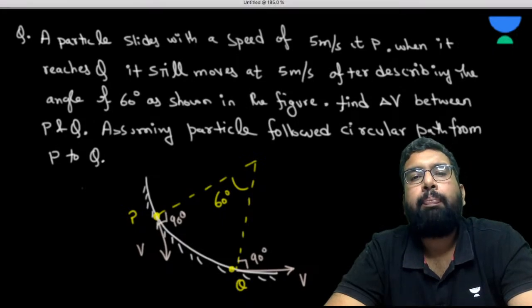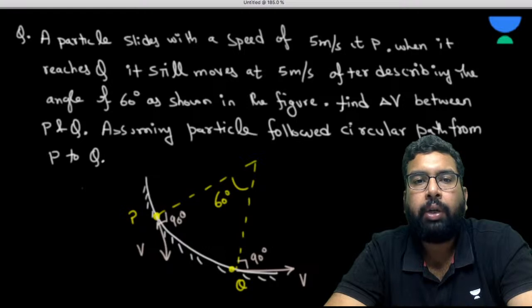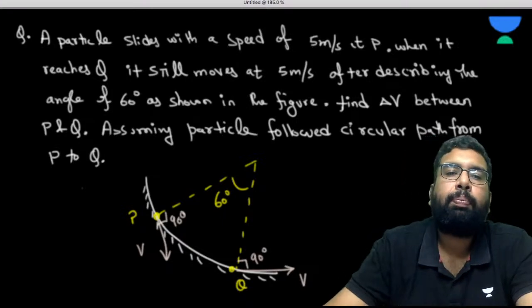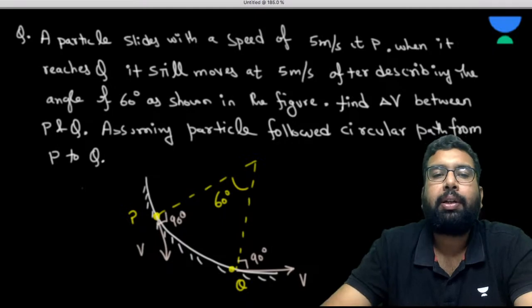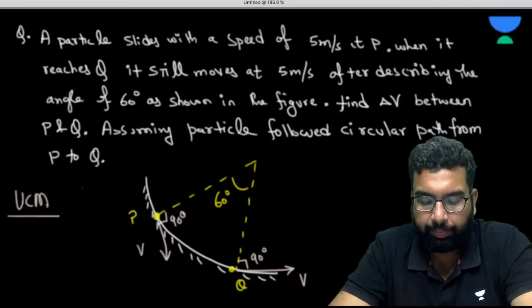Now it says a particle slides with a speed of 5 meter per second at P. When it reaches Q, it still moves at 5 meter per second after describing the angle of 60 degree as shown in the figure. Find the change in velocity between P and Q, assuming the particle follows a circular path from P to Q. So that means it is an example of uniform circular motion.